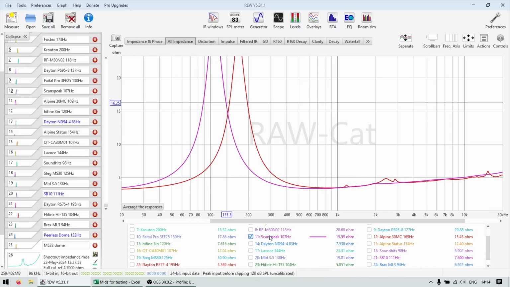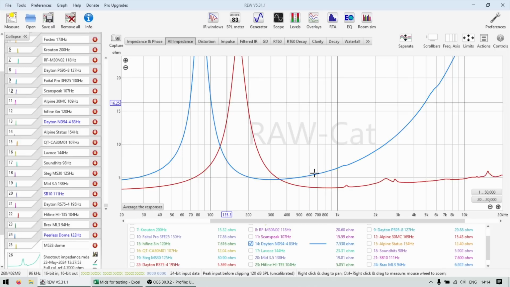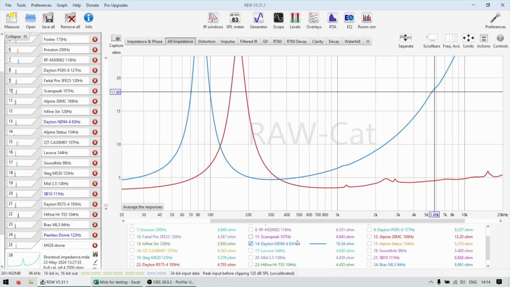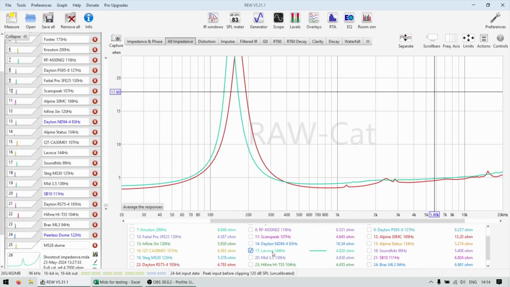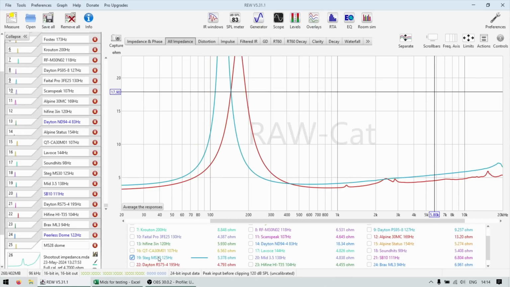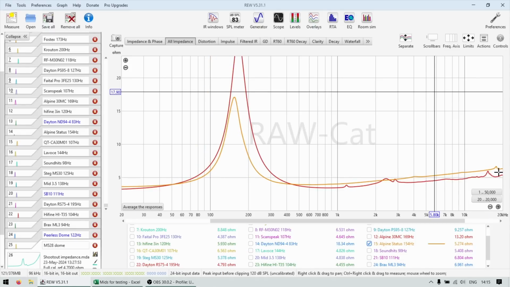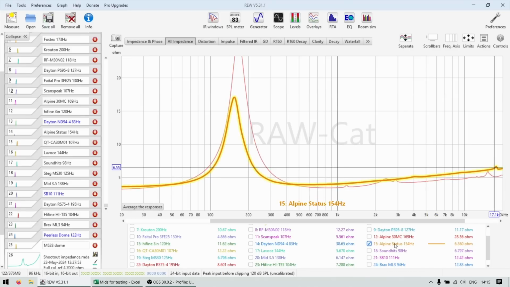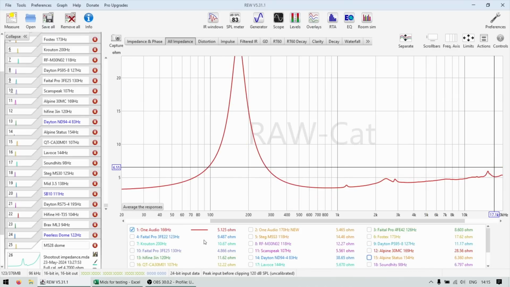So for example, Scan, flat. Dayton, yeah, something here, but much flatter. La Voce, flat. What else? The Chinese driver, flat. Stag, flat. You can see, like all the others, this is the Status has something like here, but all the rest is flat. So from all the drivers, to me personally, this looks the worst.